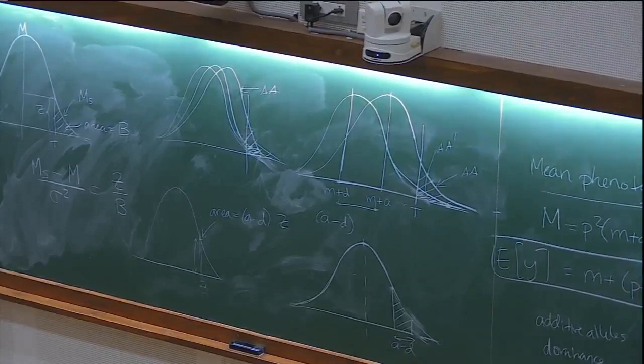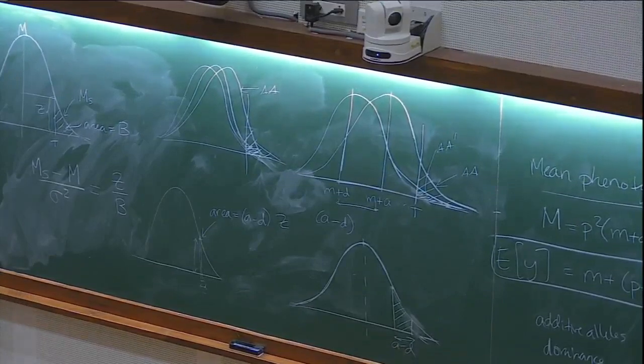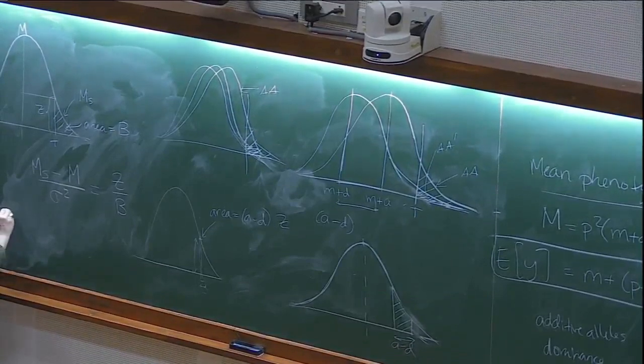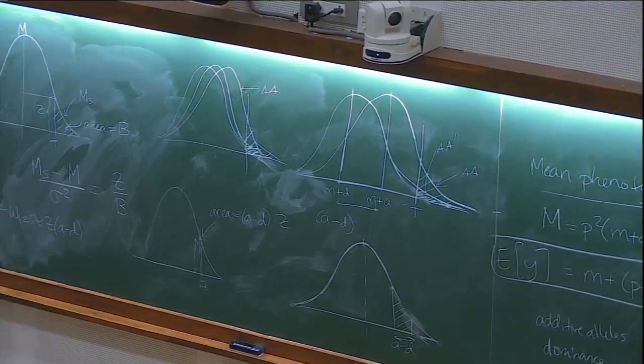So that lets us define the difference in fitness for these two genotypes. So I'm going to call the fitness of AA W11 and the fitness of AA prime W12. I should have used ones and twos, that's okay. And it's approximately Z times A minus D. And I can do the exact same thing for the other two curves.